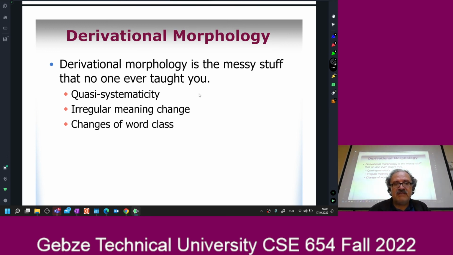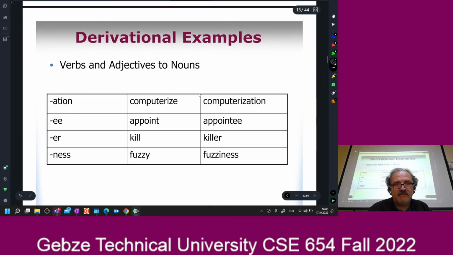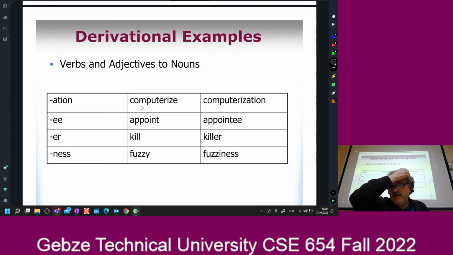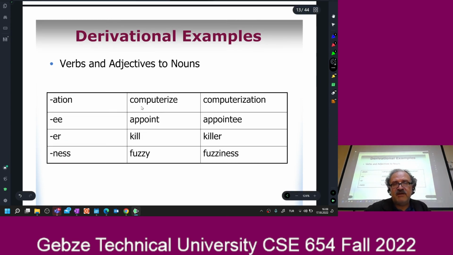When you say, for example, a few examples. Computerize, computerization. Computerize is a verb. Computerization is the noun version of it, right? So appoint is a verb. Appointee is a noun. Kill is a verb. Killer is a noun, and etc.